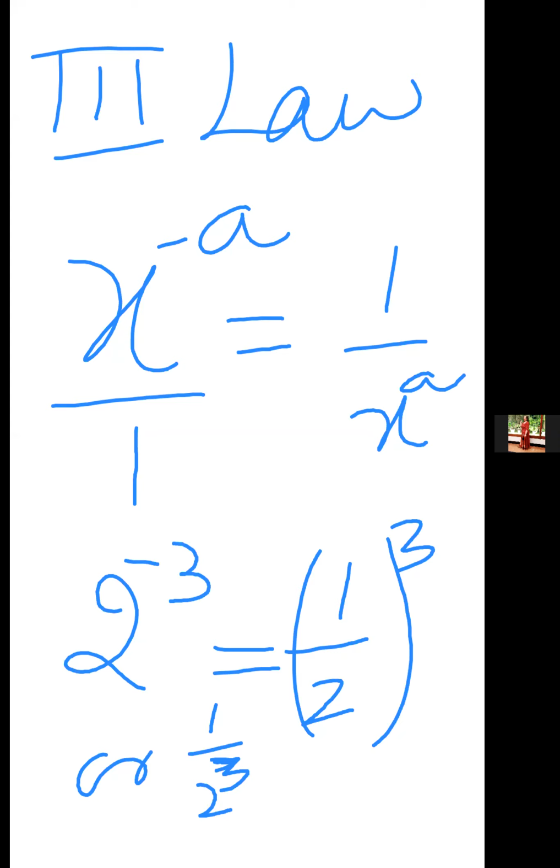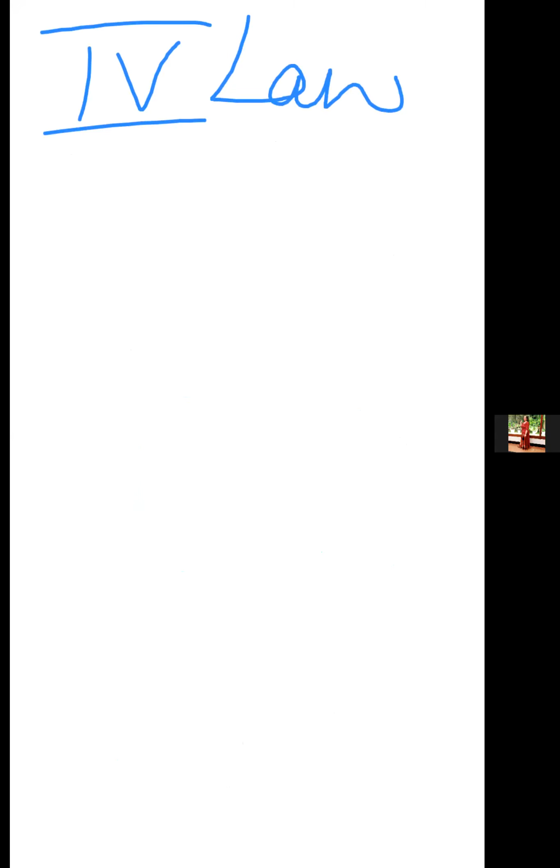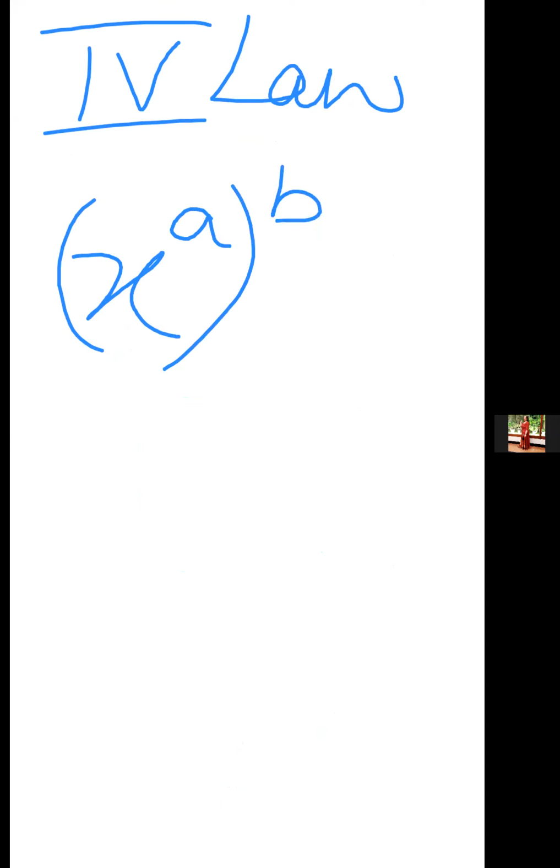Okay. Now fourth law. Your fourth law is, if any number raised to power a and whole raised to power b, what is equal to? It means these two powers are in multiplication.